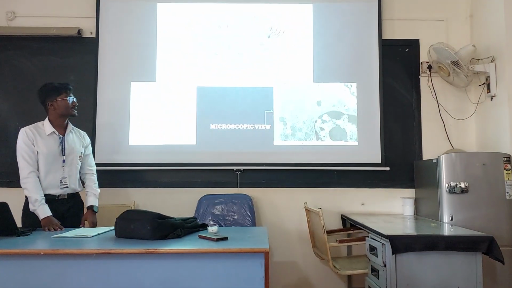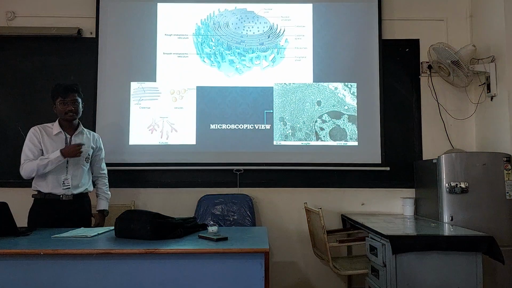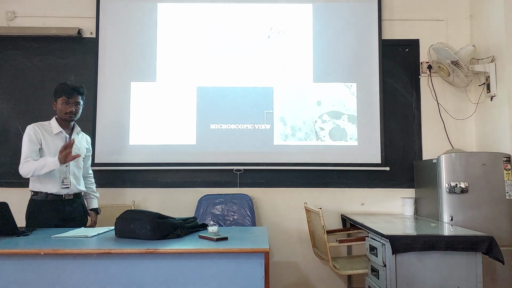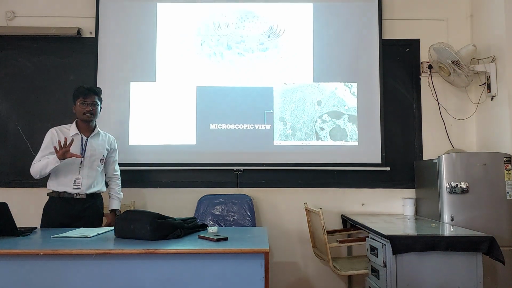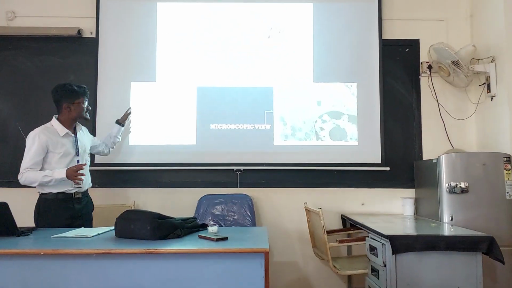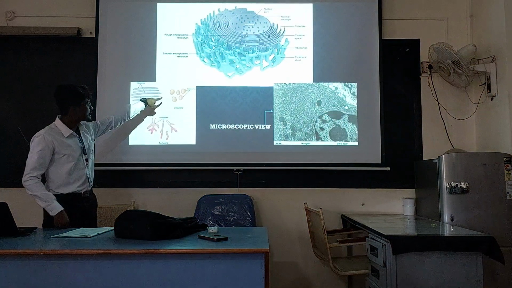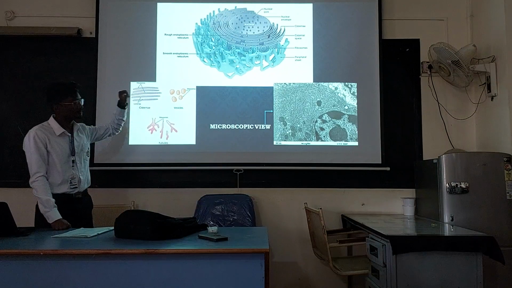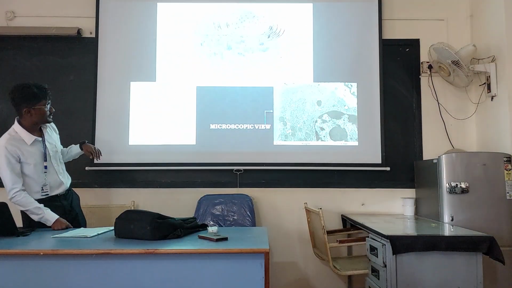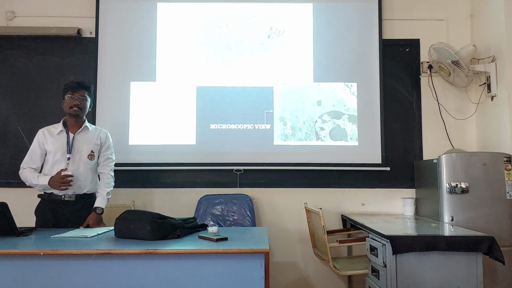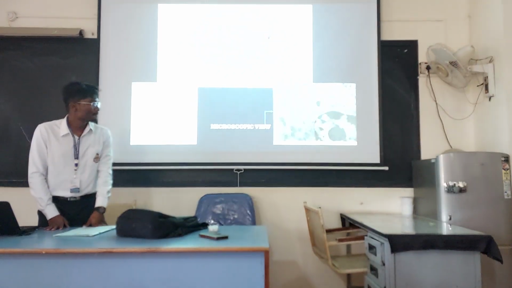So if ribosomes are attached to cisternae, then what is that endoplasmic reticulum called? Rough endoplasmic reticulum. So rough endoplasmic reticulum is made of the cisternae structures, and a few ribosomes are also attached to the vesicles as well. It also has a lot of enzymes which help in the synthesis and secretion process.